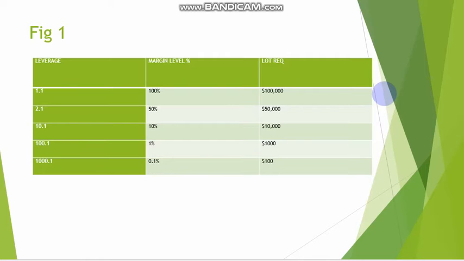These are very simple things. It's not complicated, so don't take it as if it's complicated. When you open your MetaTrader 4, for example, you see a margin level, and it shows how it's going and everything.